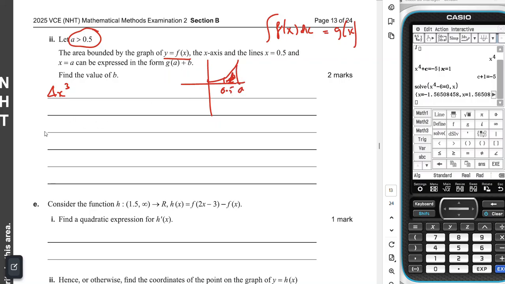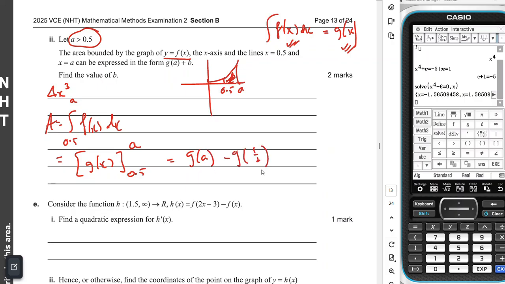So that area will equal the integral of f of x dx from 0.5 to a. And that's going to equal g of x from 0.5 to a, because g of x is the integral of f of x, which will equal g of a minus g of a half.